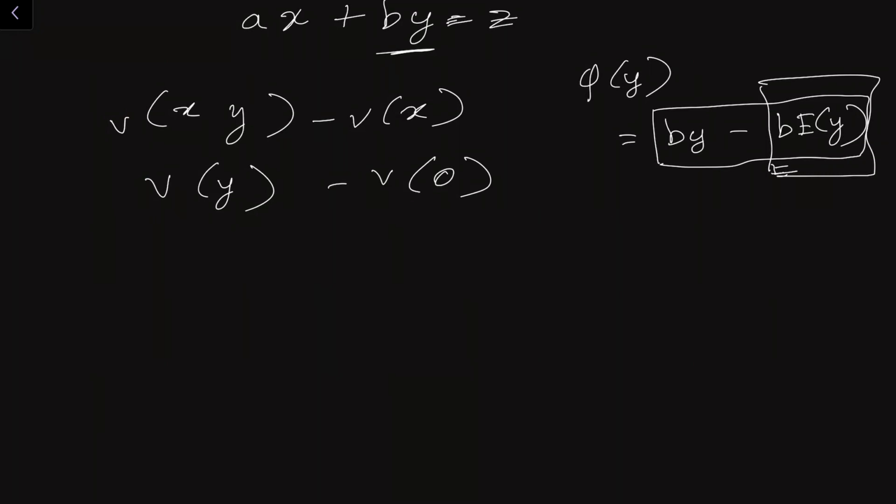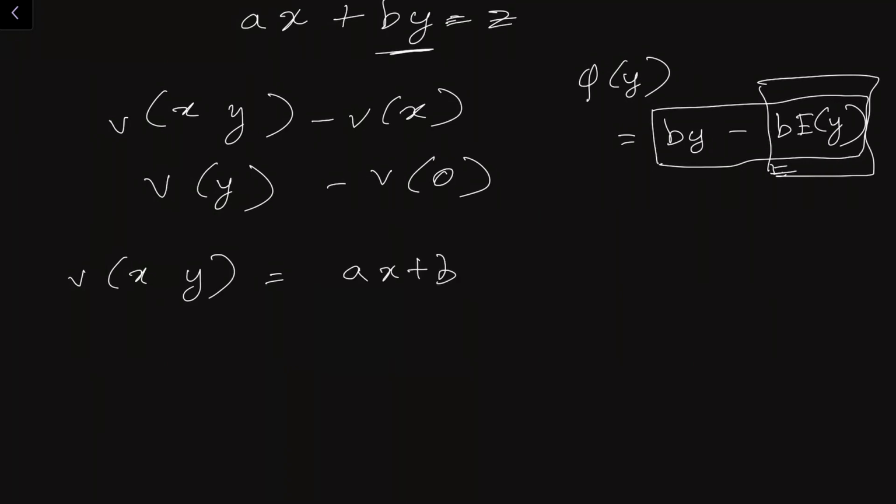And what is V of xy? What is the marginal contribution of y when it has interacted with x? So that will be nothing but ax plus by minus expected value of ax plus by.